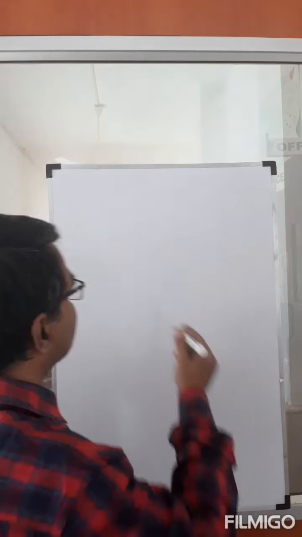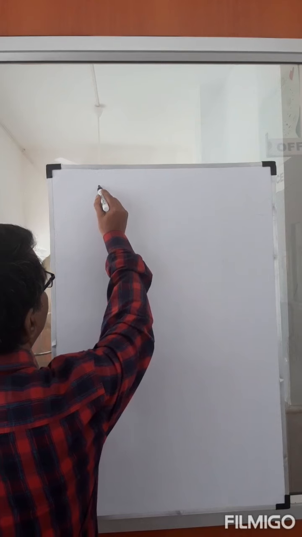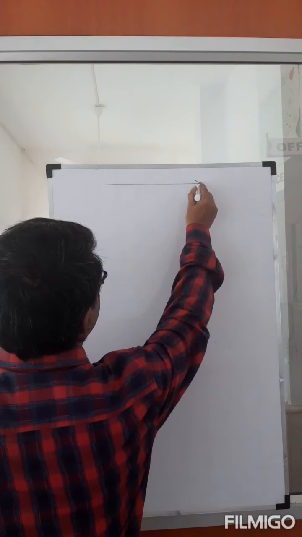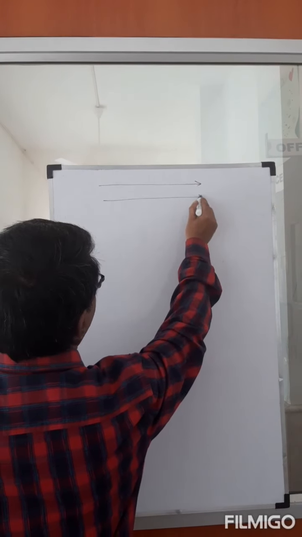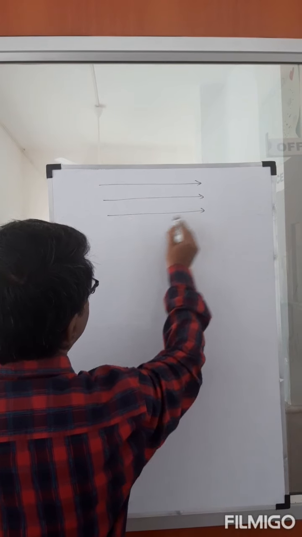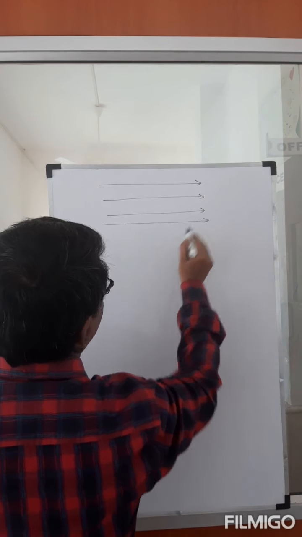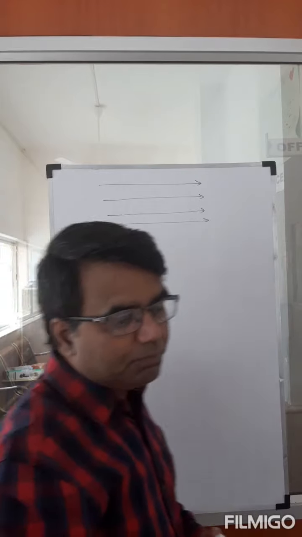Let me first draw the picture and then we will continue our discussion. This is a magnetic field. This is the external magnetic field. Let's say I have a field like this. And now I am going to keep a magnet like this.